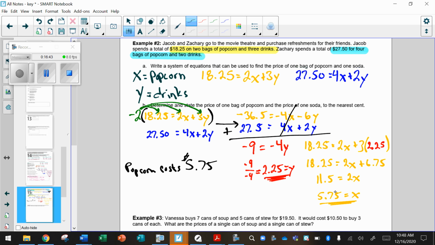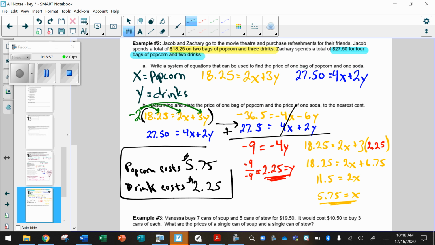That was our x. And each drink is $2.25. Word problem has word answers. X was popcorn, that's $5.75. Y was the drinks, that's $2.25.